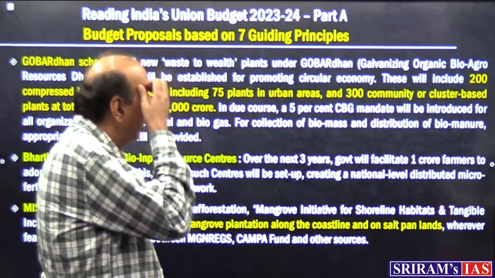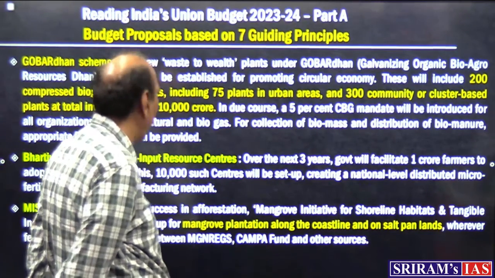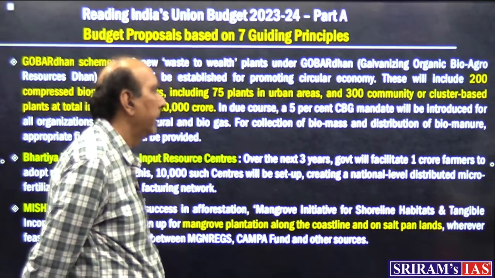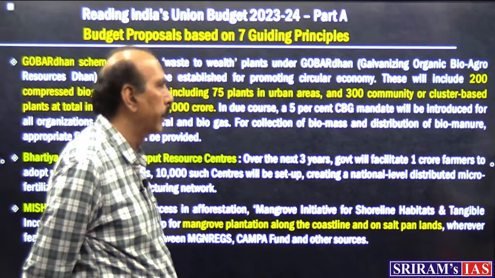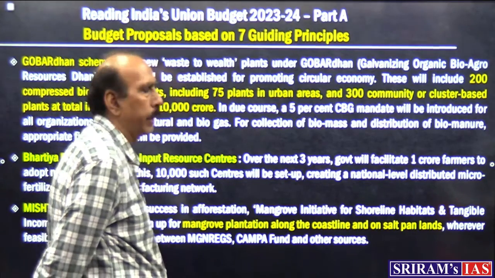These are new plants. This will include 200 compressed biogas plants in the rural areas, and 300 community or cluster based plants will be set up.